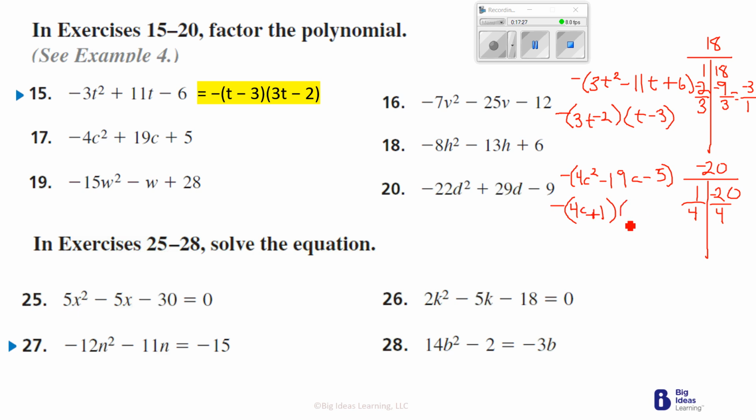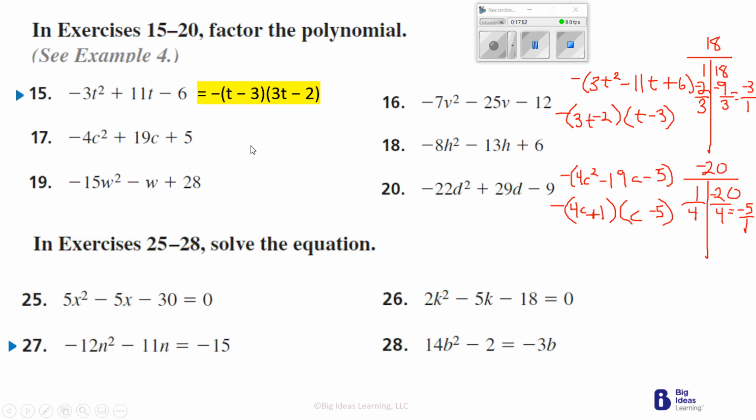And then I'm going to multiply this to -20 divided by 4, which can be reduced to -5/1. So that numerator will be the constant, -5. The denominator will be my coefficient. So now I should have -4c plus 1, c minus 5.